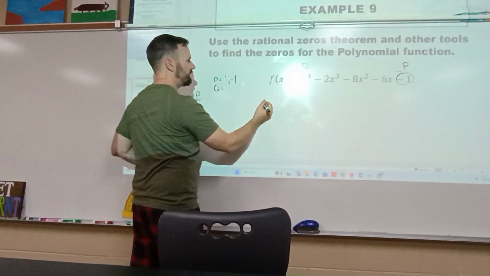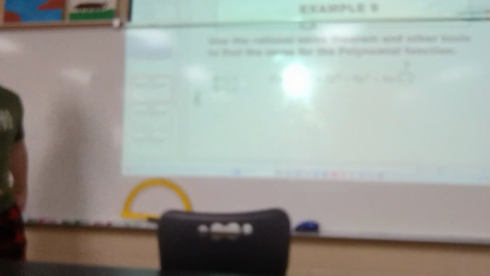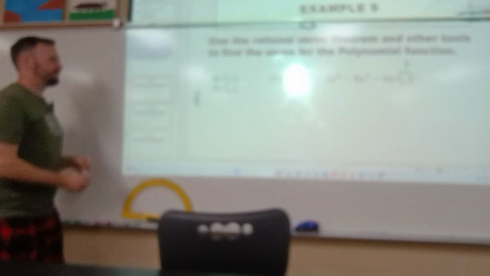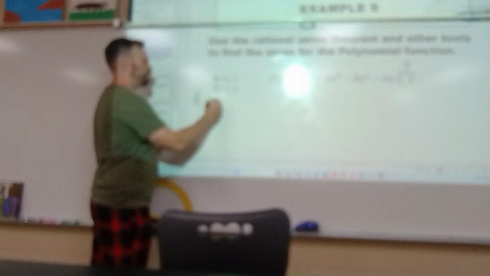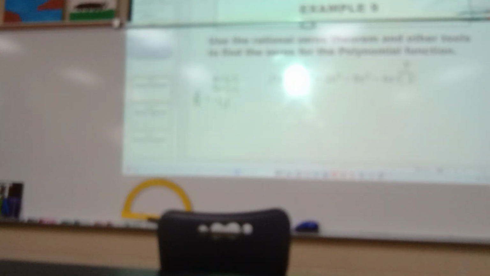That's a 1. There, 1 and negative 1. So P over Q, I'm going to get negative 1 and 1. So how many different numbers do I have to plug into this one? 2. I only got 2 numbers, right?